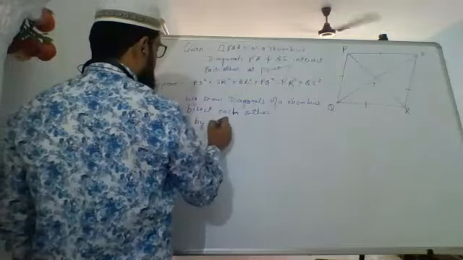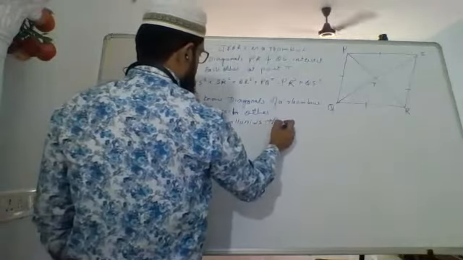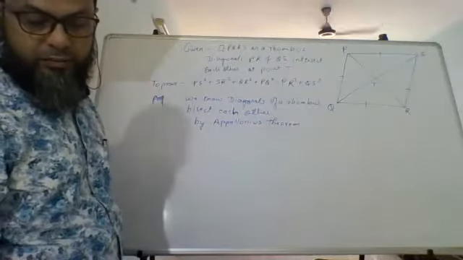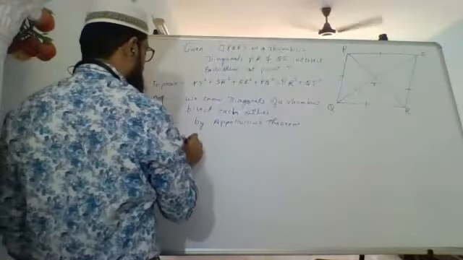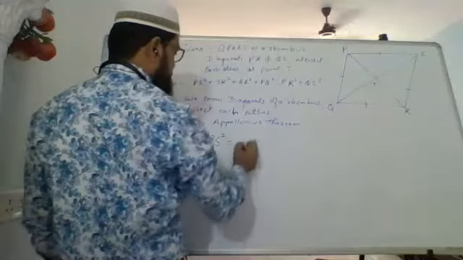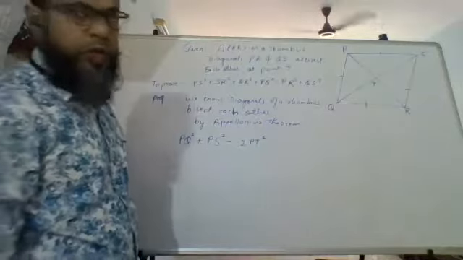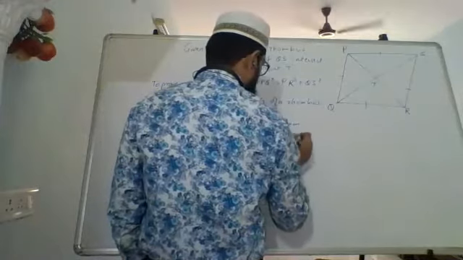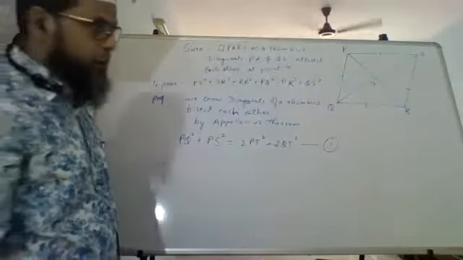Therefore, by Apollonius theorem, what does it say? PQ square plus PS square equals 2 times PT square plus 2 times QT square.